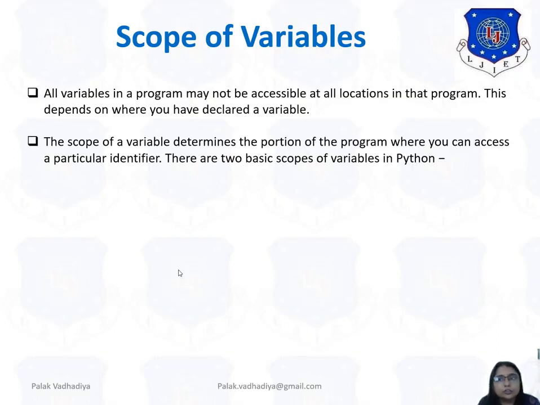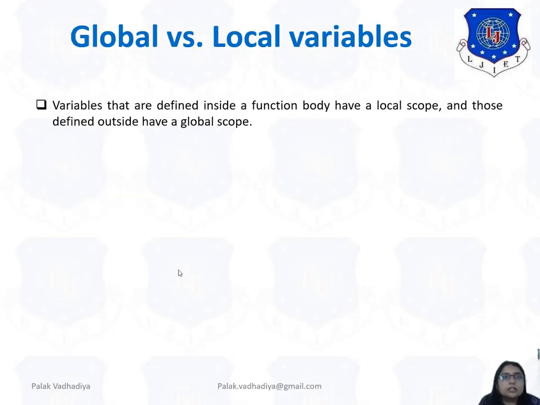So there are two types, as I said: one is global, another is local. Let's see the difference between global and local. The variables that are defined inside the function body are called local scope, or we can say local variables. The variables that are defined outside of the function are called global variables, or we can say global scope.